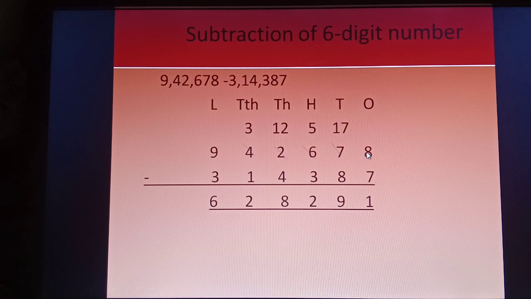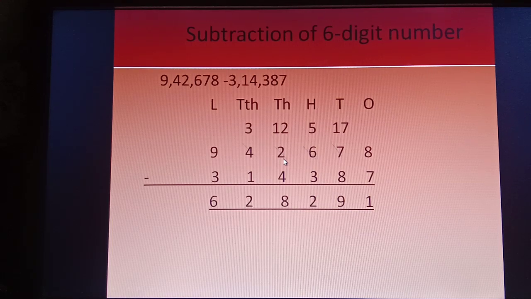Minus it, there is 8 minus 7, 1. Here 7 minus 8 means 7 is less than 8, so we will borrow 1 from the 100 place. There will be 17 minus 8, 9. So as we have given 1 from the 100 place to the tens place, 1 will be subtracted from the 100 place, so 5 is remaining here. 5 minus 3, 2.